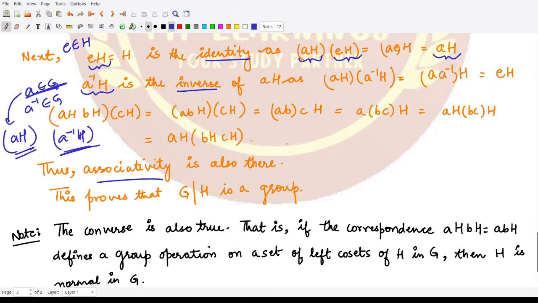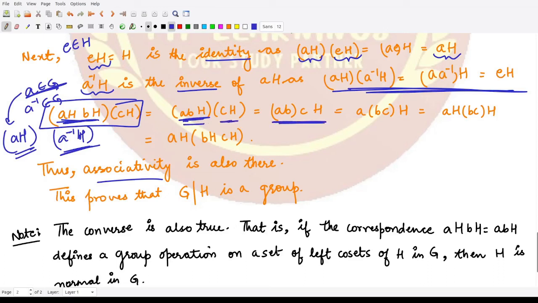Now we are not talking about the coset representatives here, we are talking about the cosets themselves. So this forms the inverse, and we can also check the associativity. This is very simple. We can first apply the definition onto these two cosets, so that we have this.